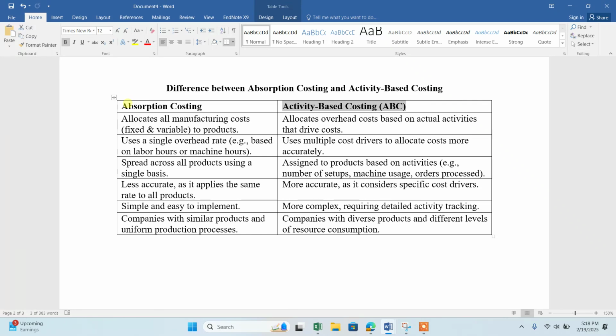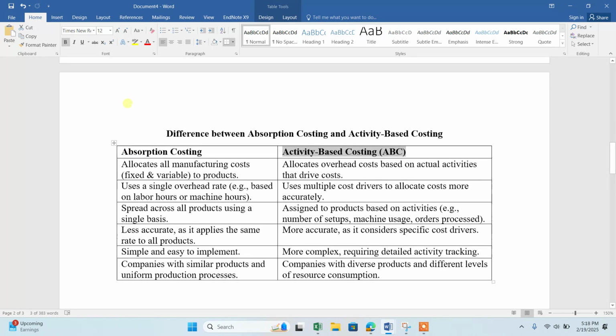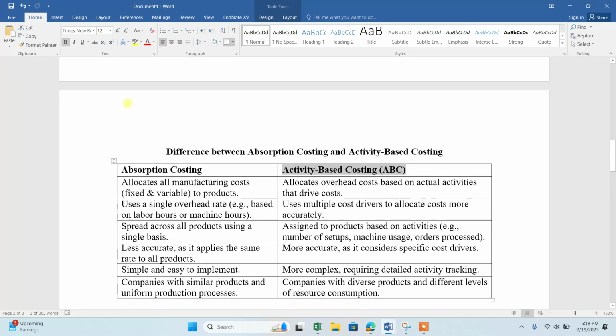A little background on the difference between these two: the absorption costing method is more useful if you have a small business, or a very simple process of producing the products.